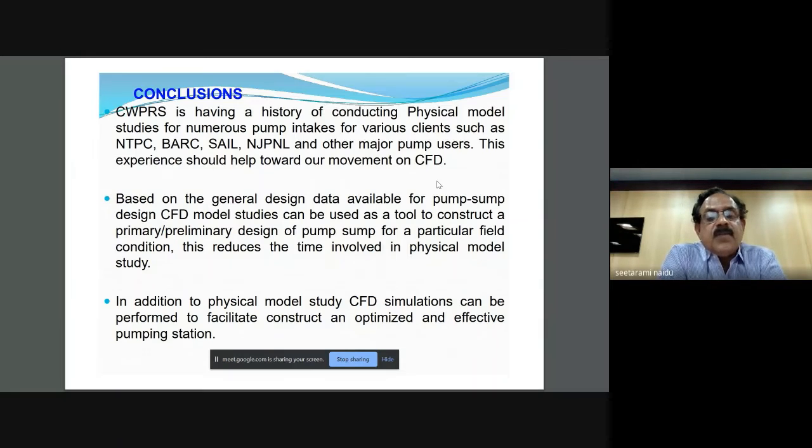But physical model studies play a role in validation of this kind of CFD studies, and the literature or data available from experimental studies should help to propose new CFD studies. With this, I conclude. Should you have any questions?